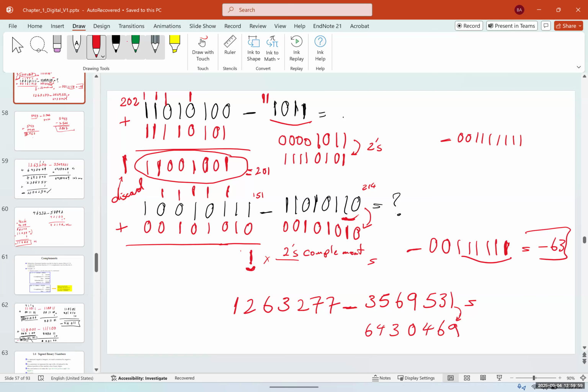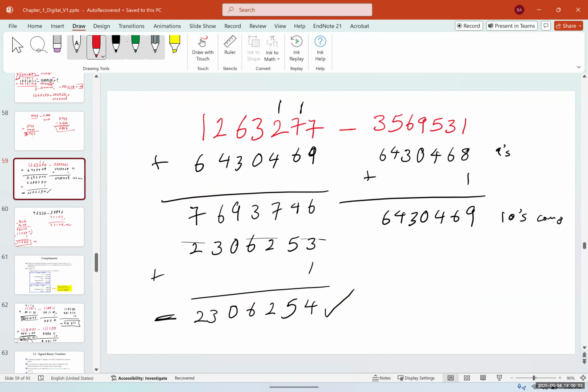And if we add these two together, the tens complement is going to be 6, 4, 3, 0, 4, 6, 9. There are two ways to find the tens complement. One way, as I mentioned, the other way is to find the nines complement and add 1 to it.